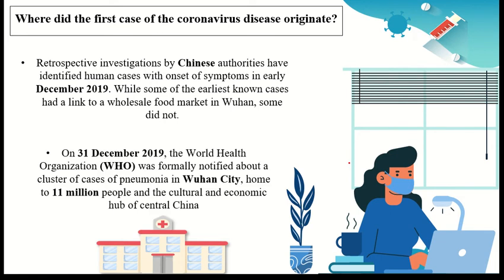On 31st December 2019, the World Health Organization was formally notified about a cluster of cases of pneumonia in Wuhan city, home to 11 million people and the cultural and economic hub of central China. It was all about Wuhan city.